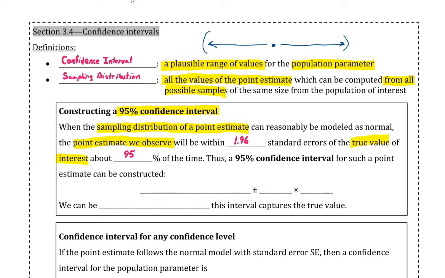Thus, a 95% confidence interval for such a point estimate can be constructed by looking at your point estimate plus or minus 1.96 standard errors.